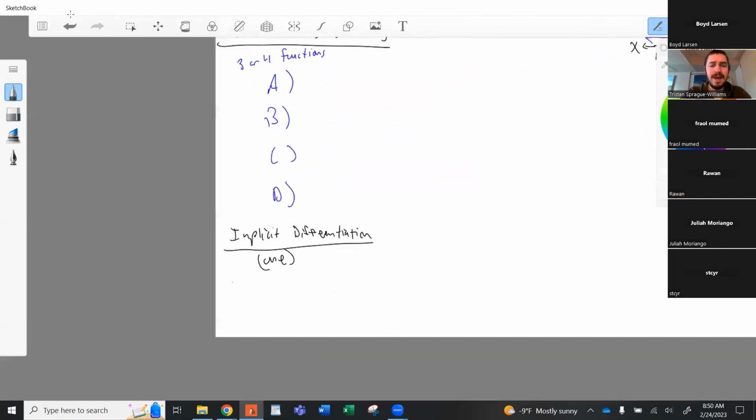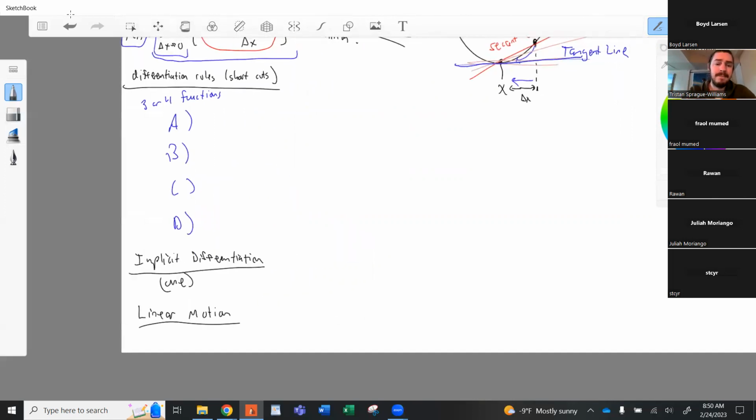And then we have linear motion, which is one of the early applications we studied, right? Oh, another thing. Sorry, before I move on, this is position, velocity, and acceleration.